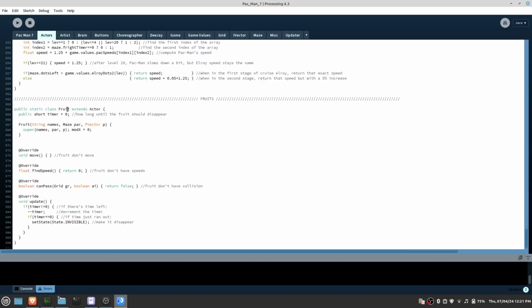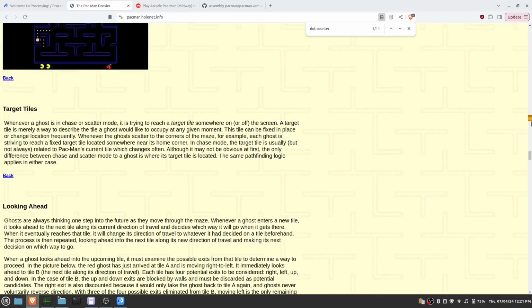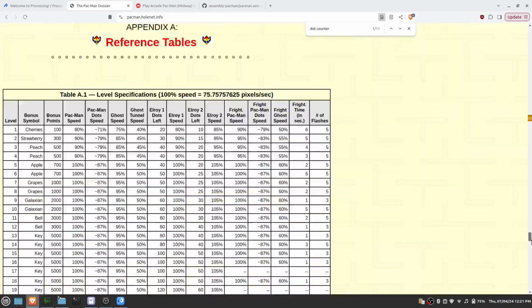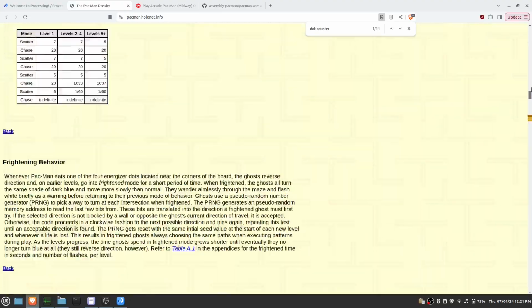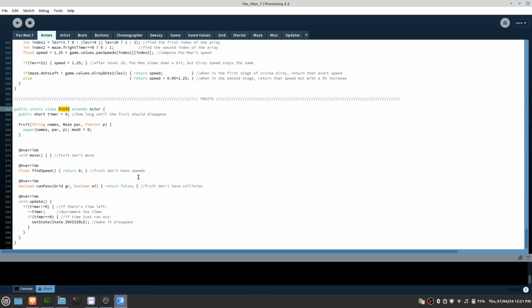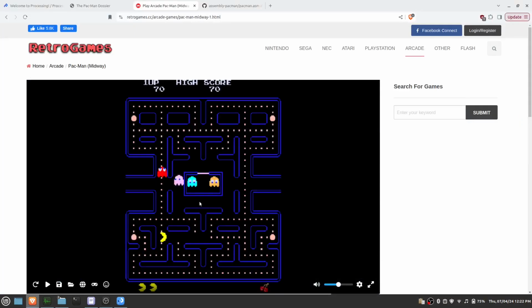Oh, and then interestingly enough, the fruit are also actors. I think that's how it was in the original title as well. The cherry is drawn right in the middle, right here, and pretty much the only way to place something between two blocks, I think in the original title, was if it was an actor, then it could have an atom position between two tiles, and it would be displayed like that.